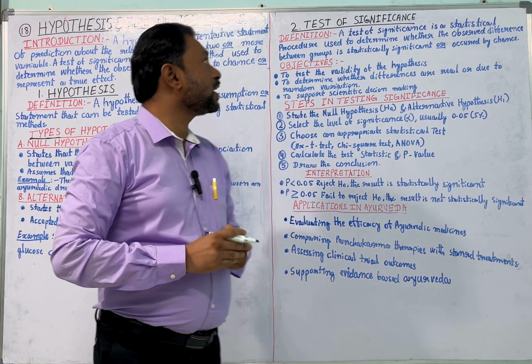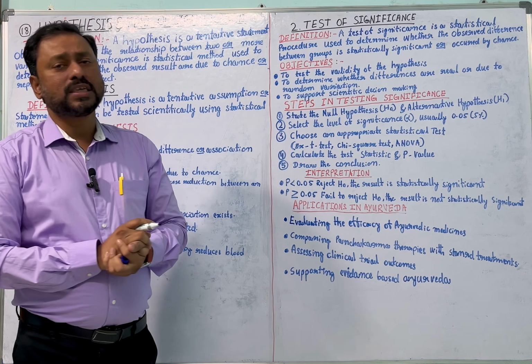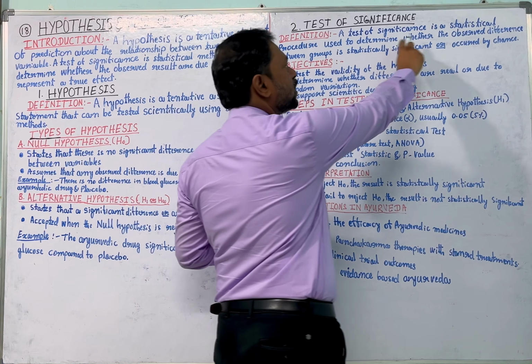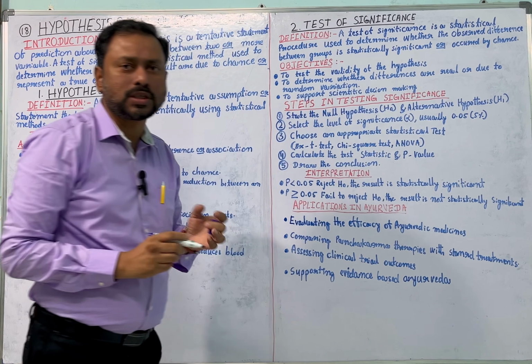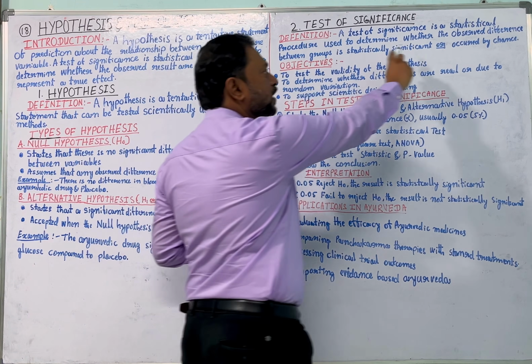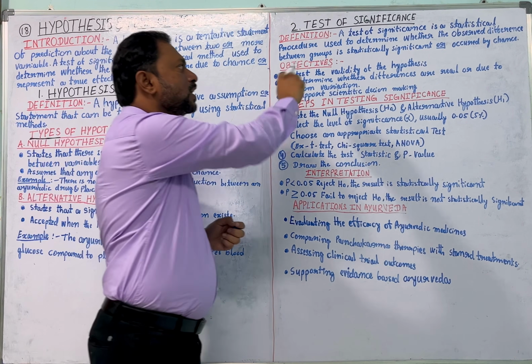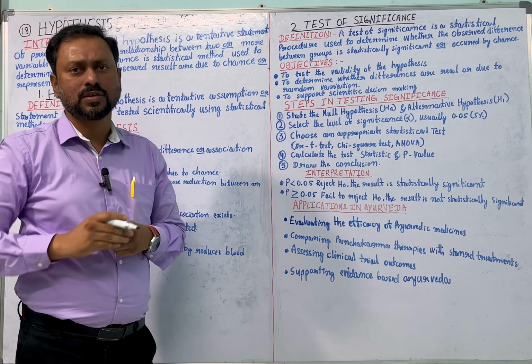The next topic is the test of significance. A test of significance is a statistical procedure, a method used to determine whether the observed difference between the groups is statistically significant or occurred by chance.